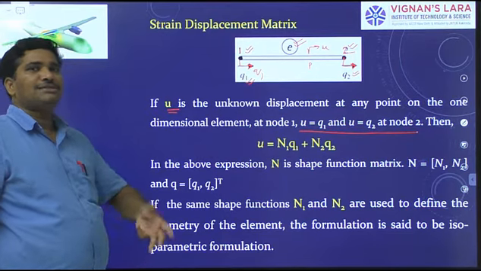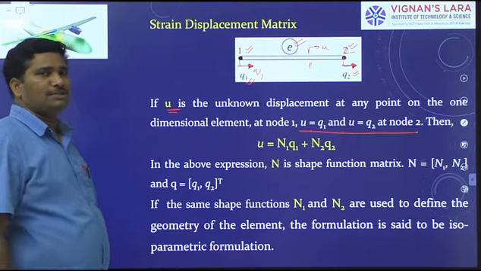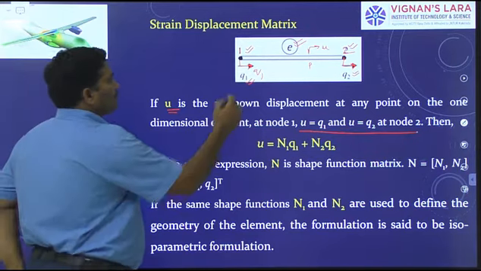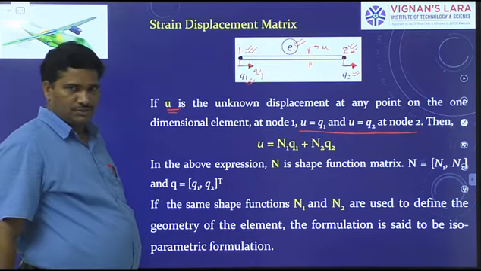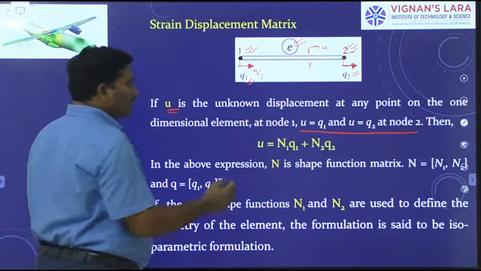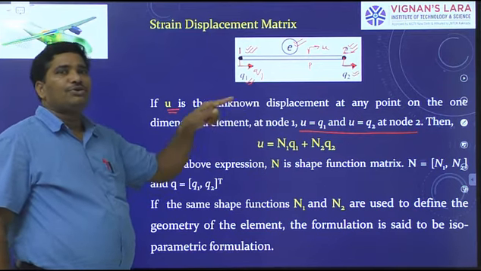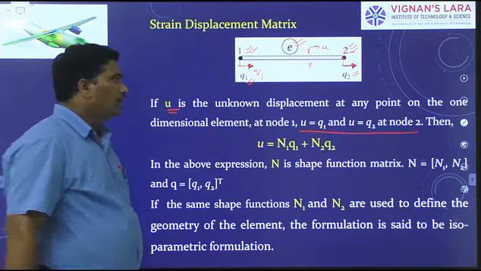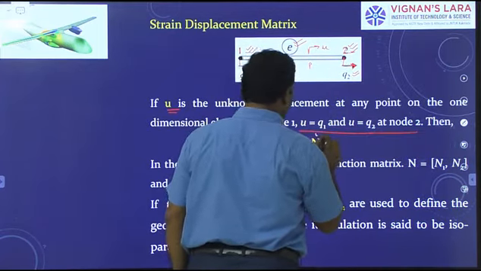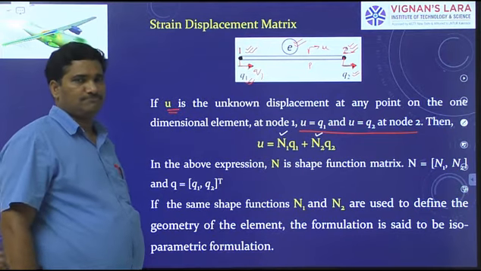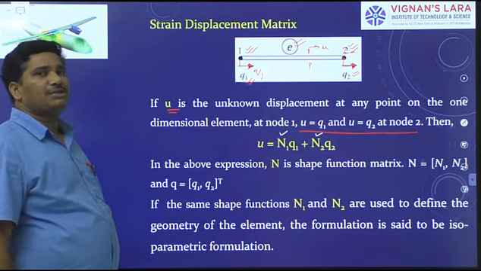Therefore, the unknown displacement field u we can write as N1 q1 plus N2 q2. What are N1 and N2? They are the shape functions. What are q1 and q2? They are the nodal displacements of the element.